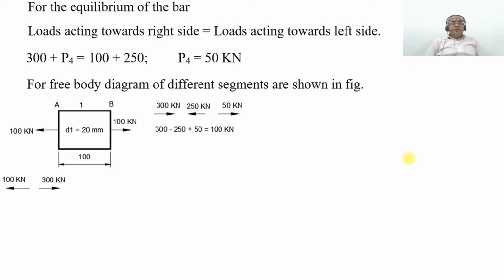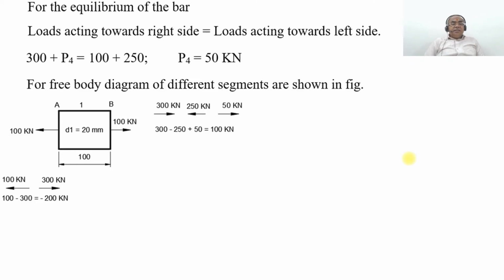Now, when considering between B and C, on the left end we have 100 kilonewton toward the left side and 300 kilonewton toward the right side. So 100 minus 300 will be equal to minus 200, so the load will be acting toward the right side on the left end.